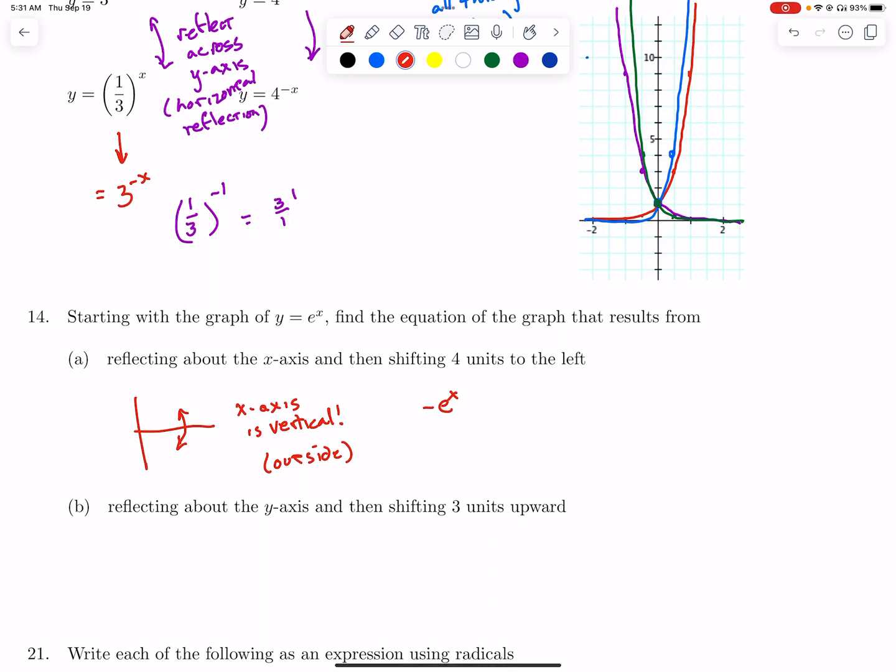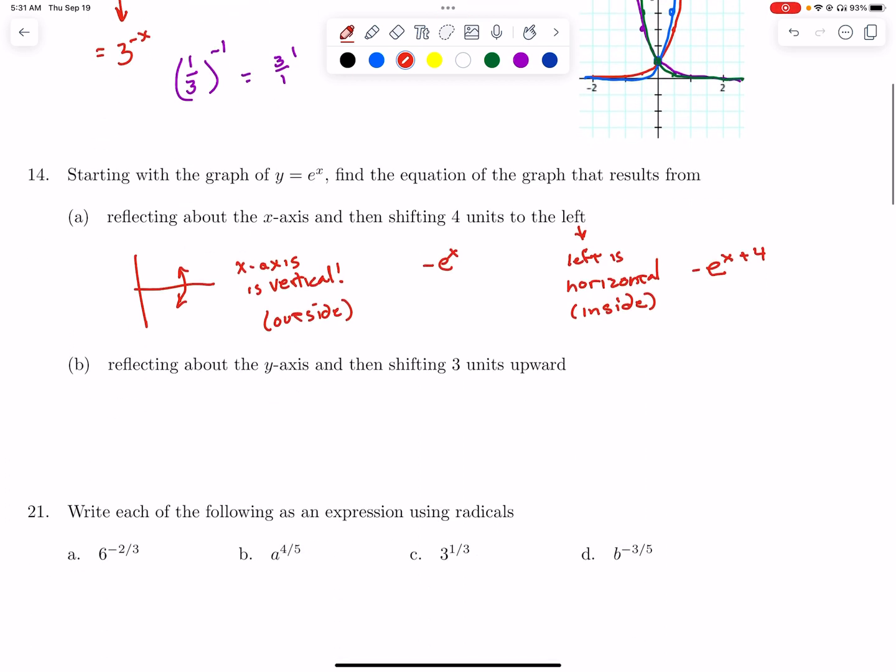Okay, and then left is inside. So plus 4, not minus 4. Some of you screwed that up on the first homework.